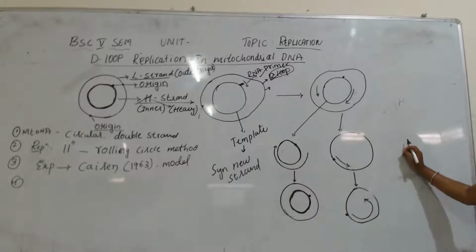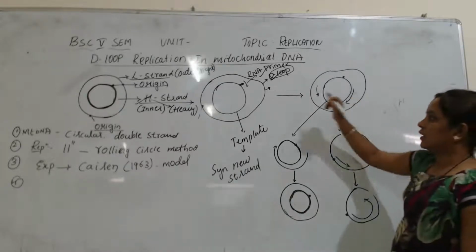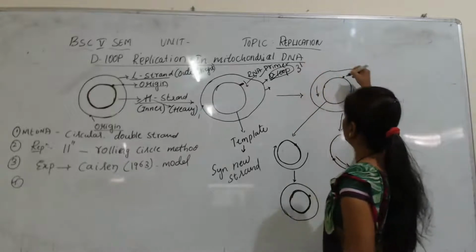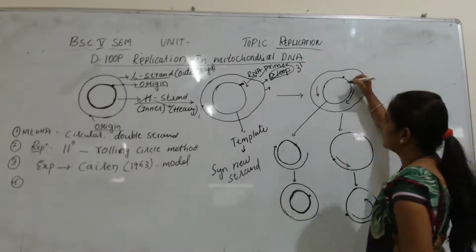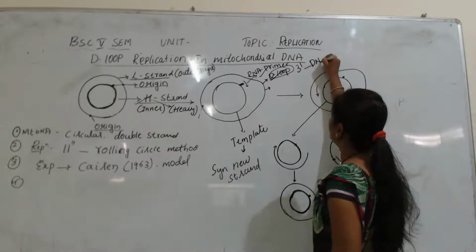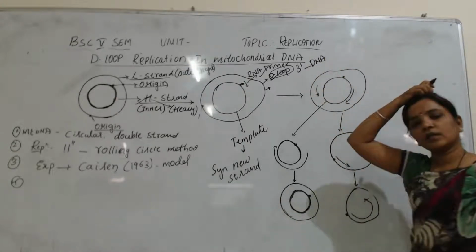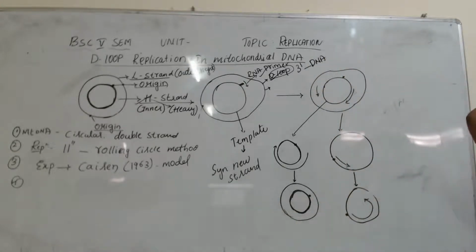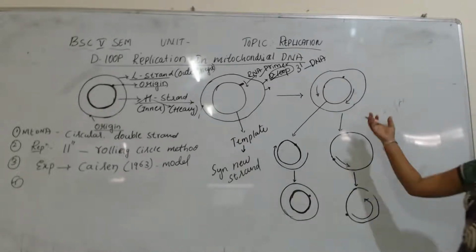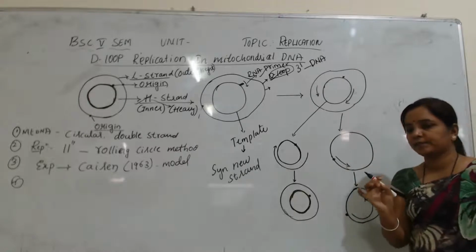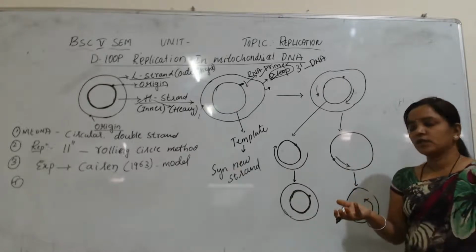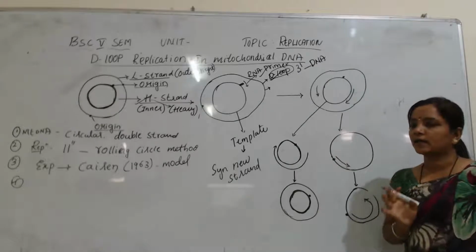After this, the 3' end of the RNA primer is extended into DNA by additional DNA nucleotides. To synthesize the new strand, nucleotides should be added.